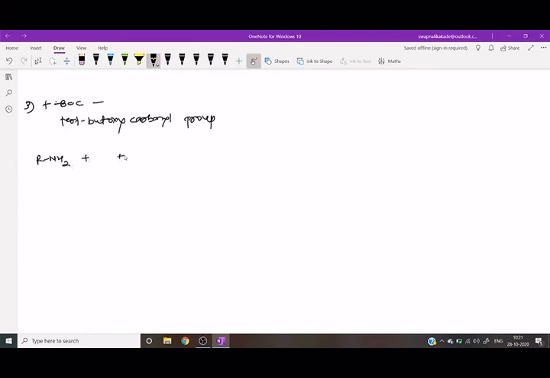Amine reacts with tertiary butoxy anhydride in basic condition, diisopropyl ethylamine. Basic condition, it gives Boc.